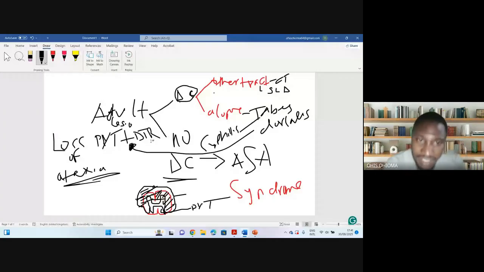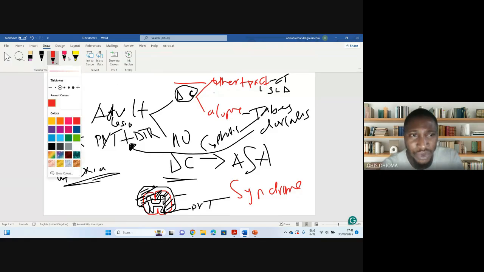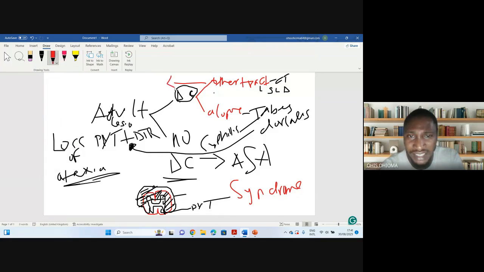But if the patient has this loss of pain, proprioception, vibration, temperature, deep tendon reflex, and the patient is not having other involvements, for example, the question is not telling you that the patient has ataxia, an unsteady gait, or the patient is now having maybe a lower motor neuron lesion, right?